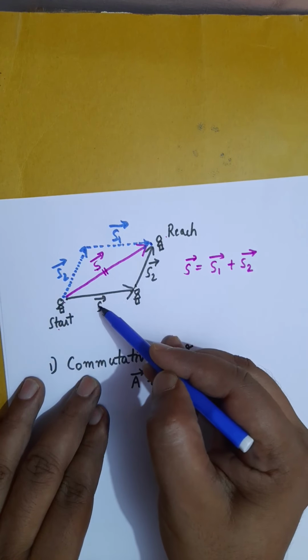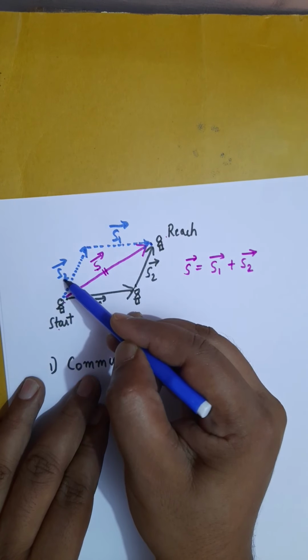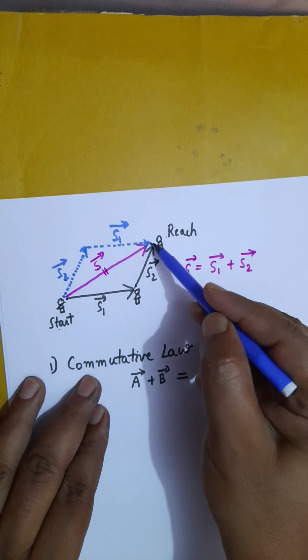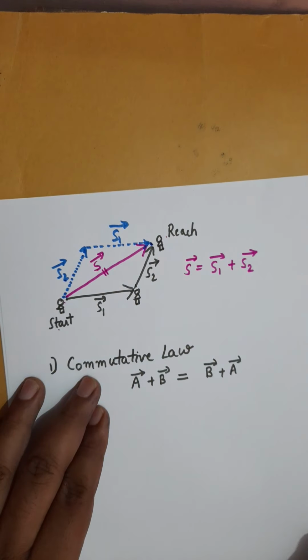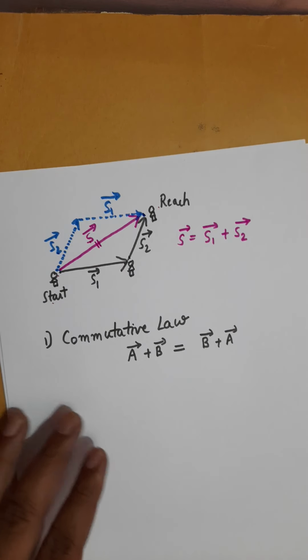So whether you first choose S1 and then add S2, or you first take S2 and then add S1, both have the same result. And for that reason A vector plus B vector is the same as B vector plus A vector.